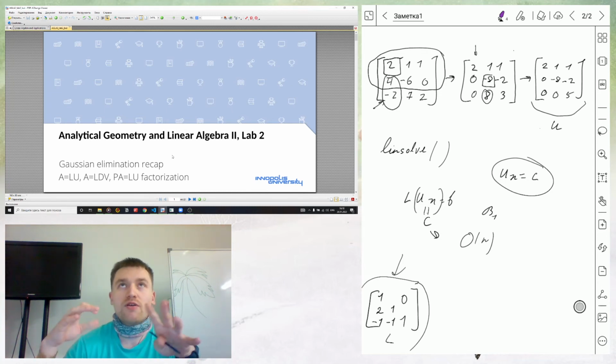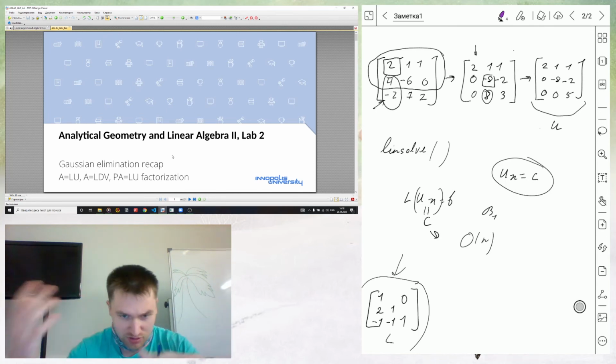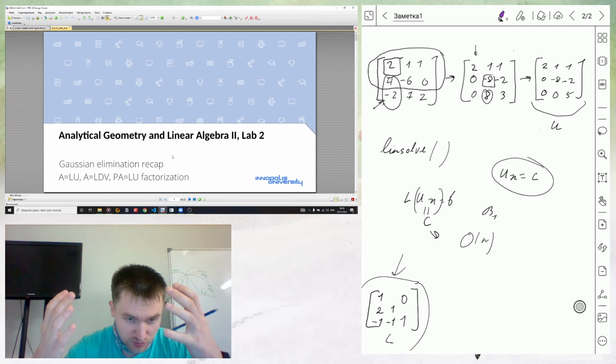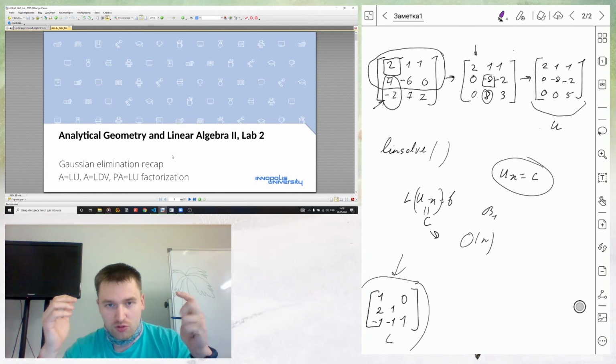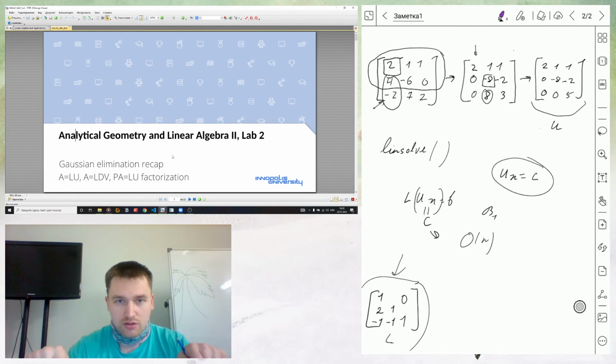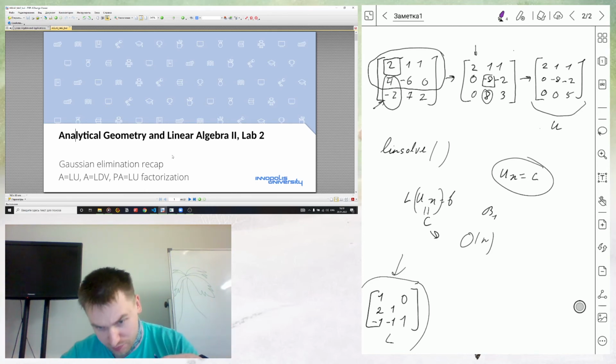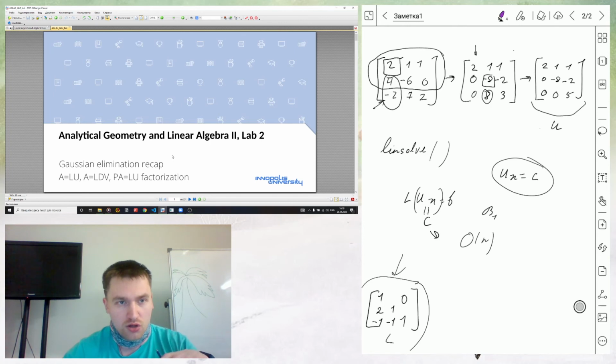Yes, it will have most of the properties. But when we have some system of linear equations, we multiply by some value, like multiply by 2 or something like this.